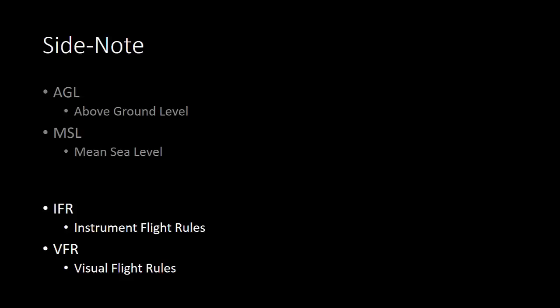VFR means we're using our two eyes to visually look around and assess. As a drone pilot, you are not allowed to fly IFR. You must always have visual contact and fly visually. So, as we get talking about some of those airspace classifications, it's important to distinguish here because some airspaces are only IFR, some are VFR only, and some are combination. So it's important to remember the distinction between those two acronyms.